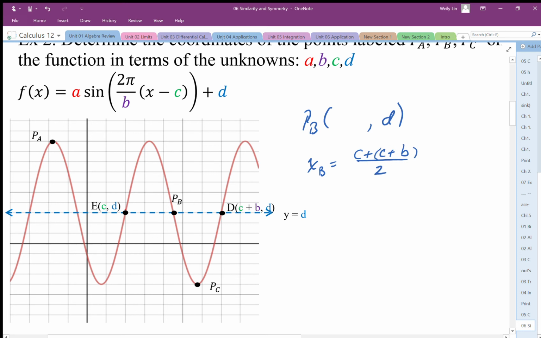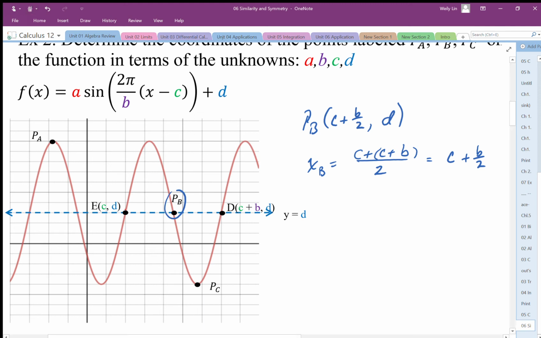So I add those two together, I divide by 2, I get 2C plus B divided by 2, so 2C divided by 2 is C, plus B divided by 2 is B over 2. So if I just go half the period, I get to that point. So that's going to be my middle point. Okay, so that's the x-coordinate of that point right here.